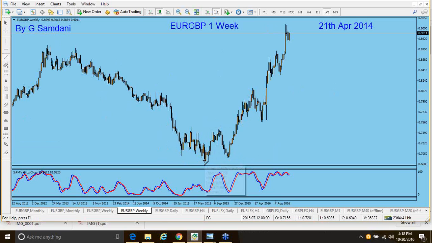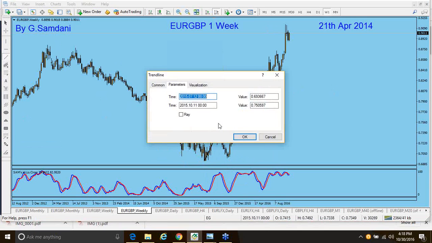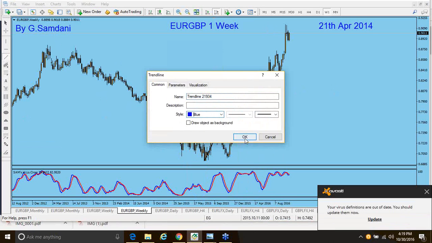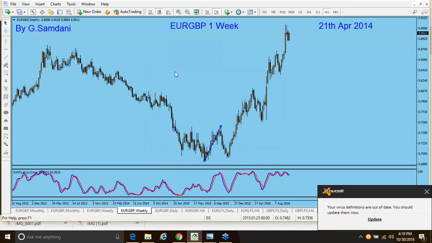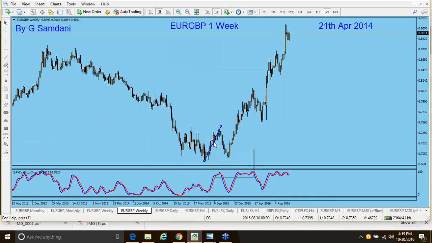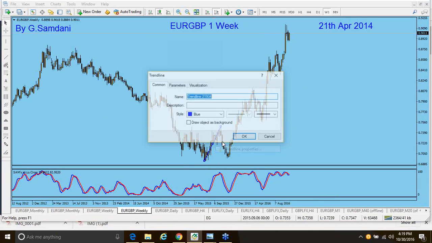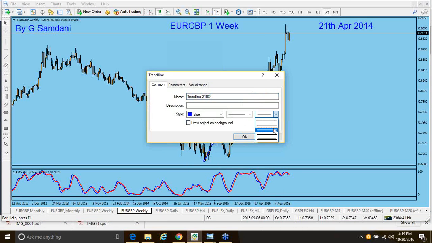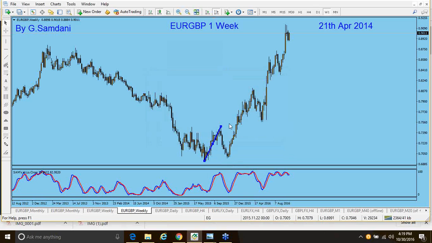From here to here. We measure the upcoming move in terms of this one that already happened, and the new wave started from here.